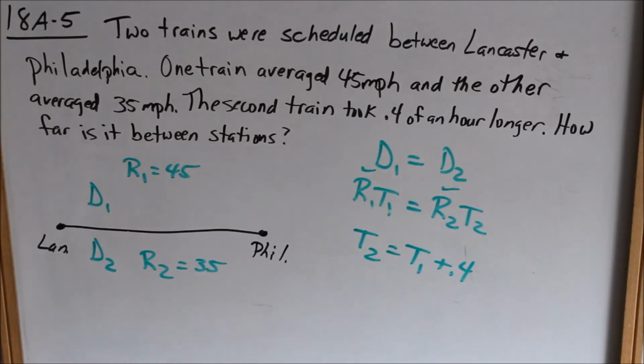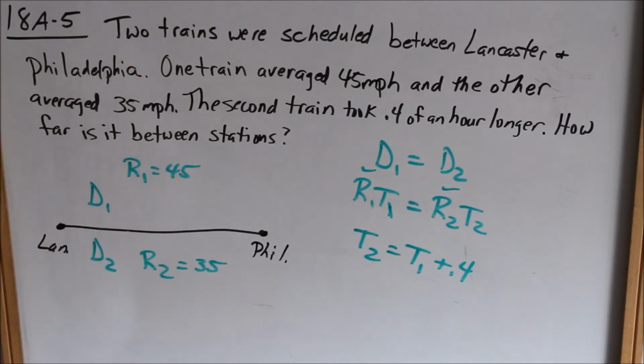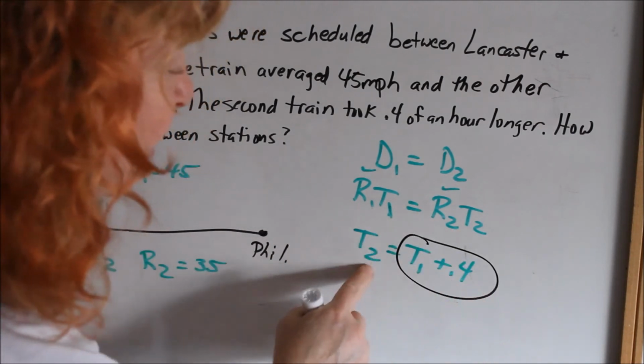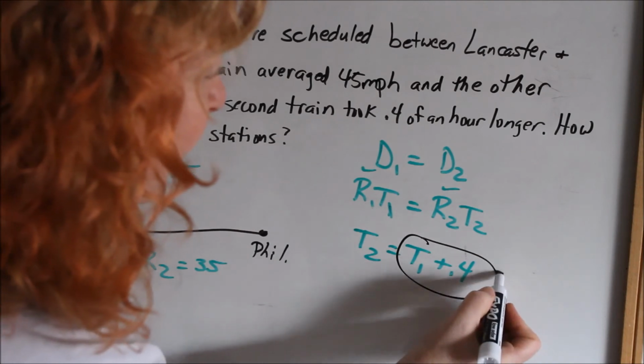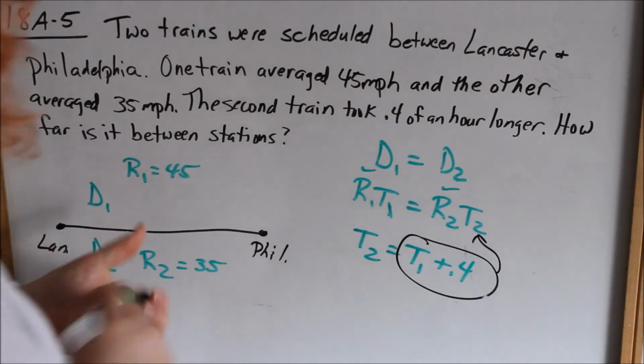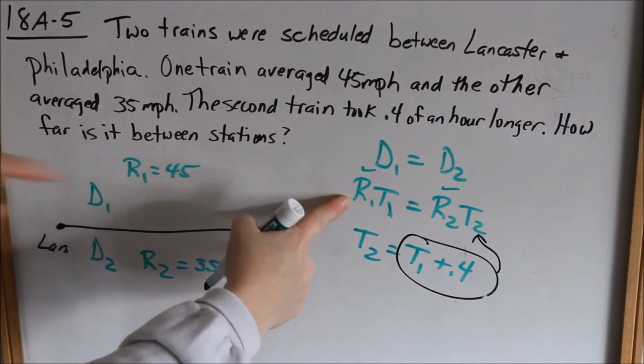Now we can use substitution to solve. Because T2 equals T1 plus 0.4, we can take this and put it in for T2. So going back to this equation and filling in what we know.